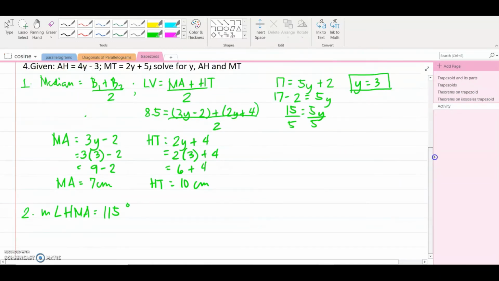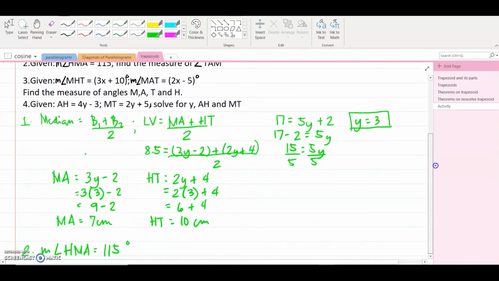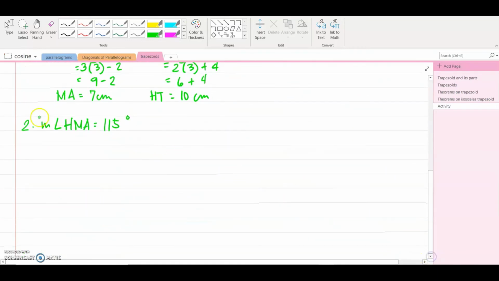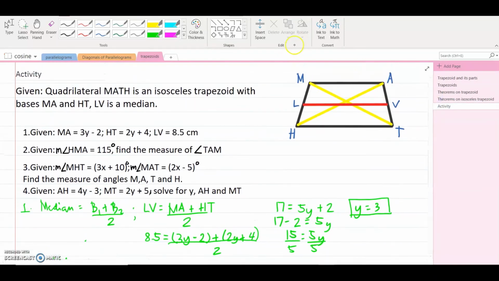We are looking for the measure of angle TAM. If we look at the figure once more, HMA is here, TAM is here.